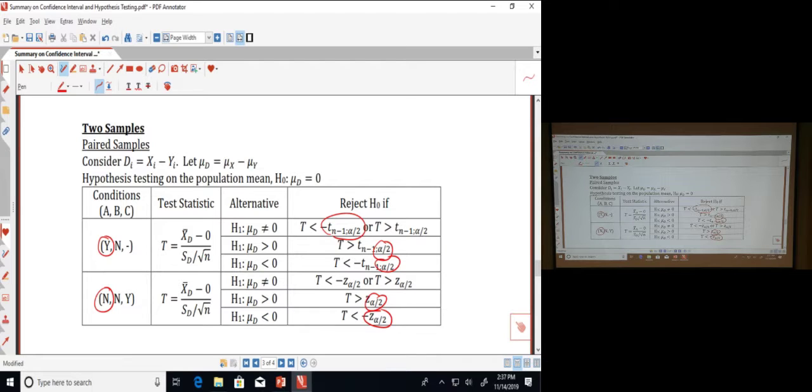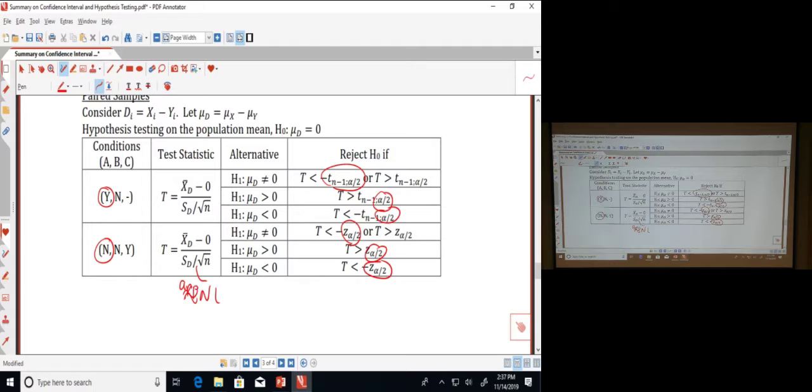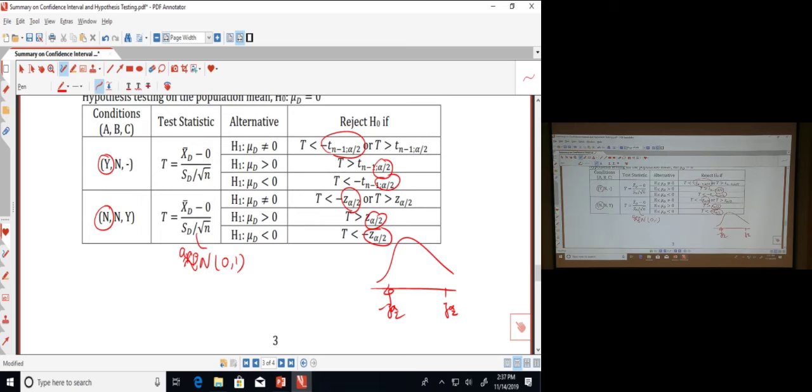Then in that case, I have to use a standard normal, because this will follow approximately a standard normal distribution. So that's why I compare with minus Z alpha over 2 and Z alpha over 2 for 2 side. For one side, it is Z alpha, or if the other side, then it's minus Z alpha. So we finished the few slides on this paired test.